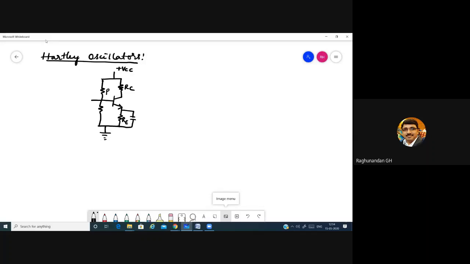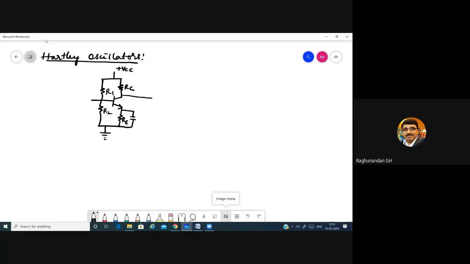Even with respect to the design, whatever is in the manual, one day I will be discussing it again. That design is the same for all these oscillators, including the CE amplifier. You have done a CE amplifier experiment, the second experiment, I guess.